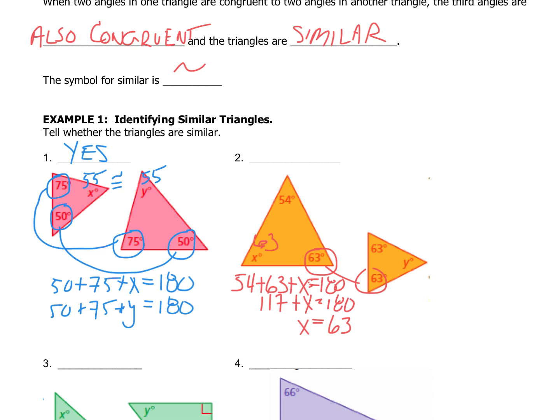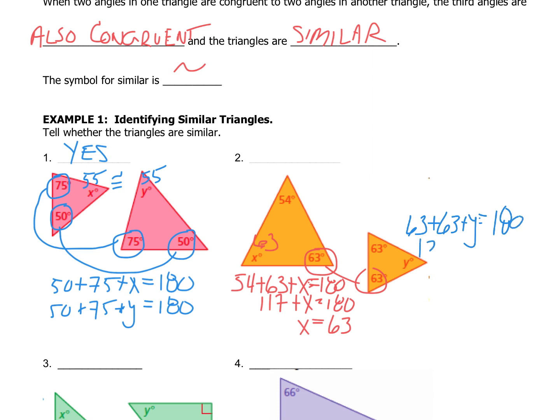So now I feel like I do have similar, because now I have the 63 here that matches another 63, which would tell me that the y angle would be 54. But let's just prove it. For the little triangle, I would have 63 plus 63 plus y equals 180.